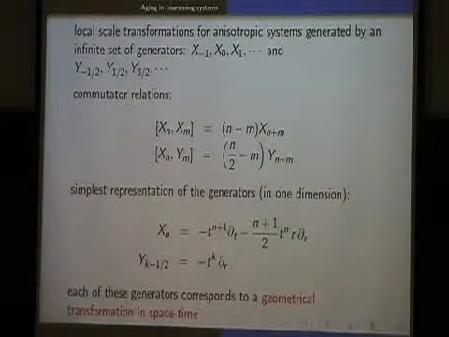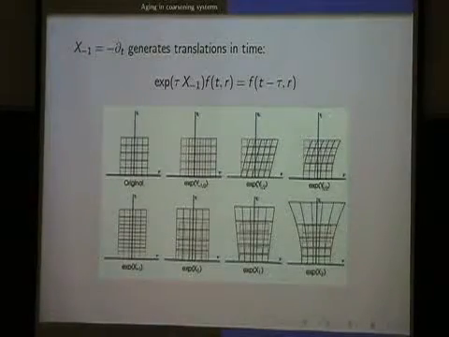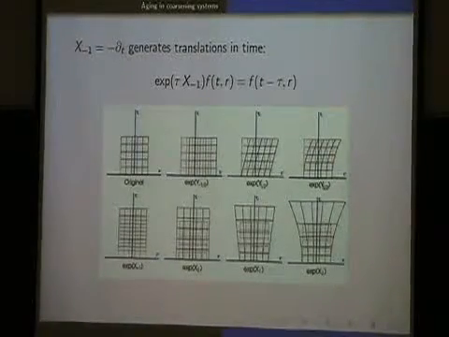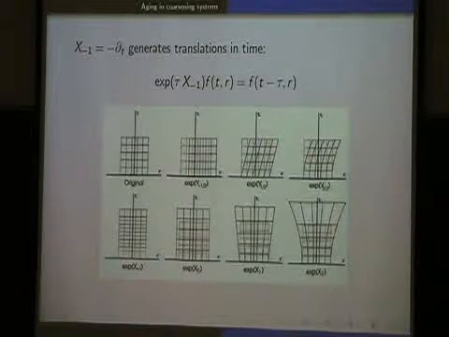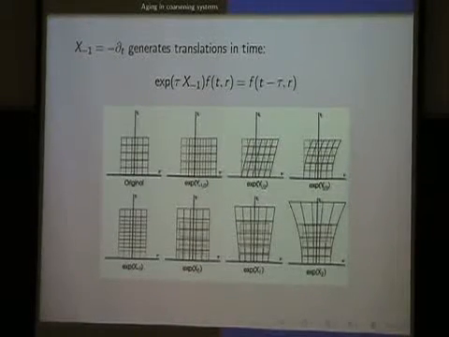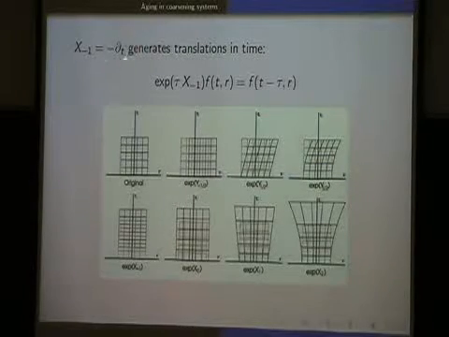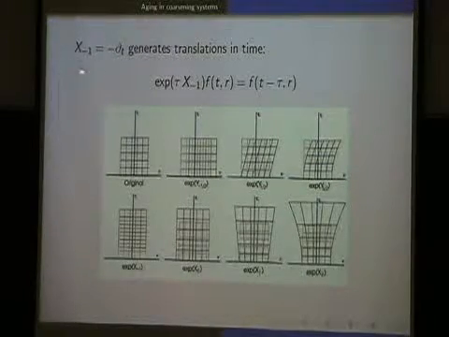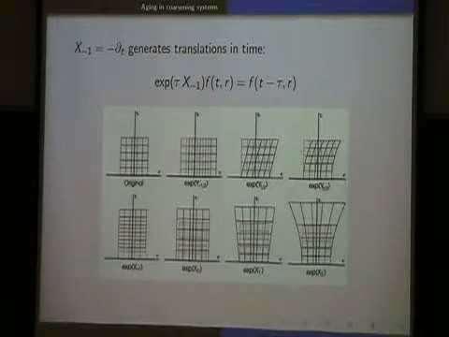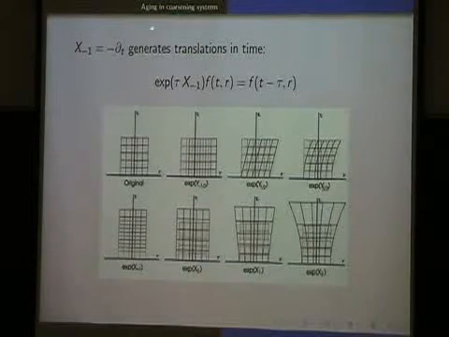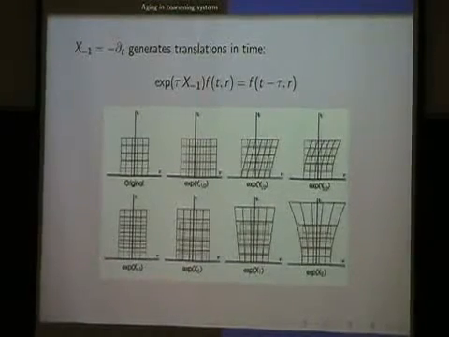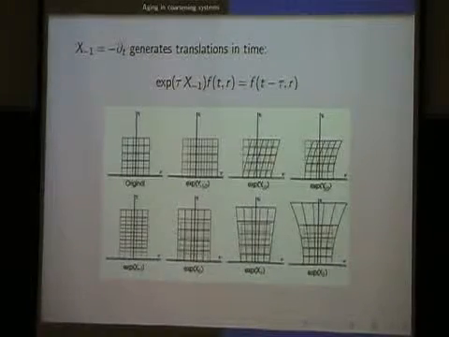At least for different cases. I know this picture from an article by Haye Hinrichsen, who very nicely illustrates what is happening here. For example, this here is the time derivative, and I'm claiming that it generates translation in time. In order to see that, we have to exponentiate this operator.